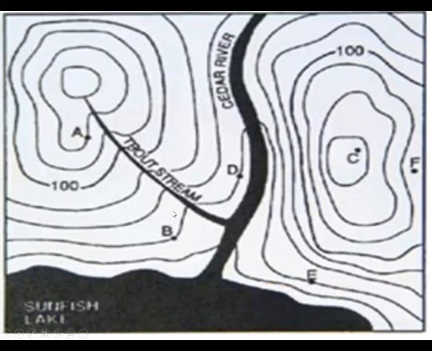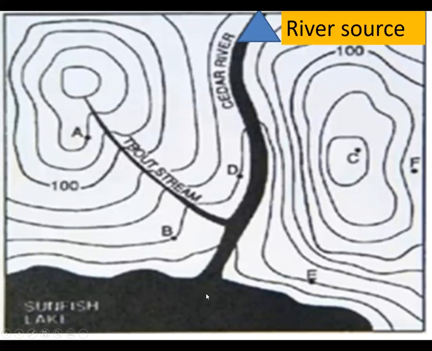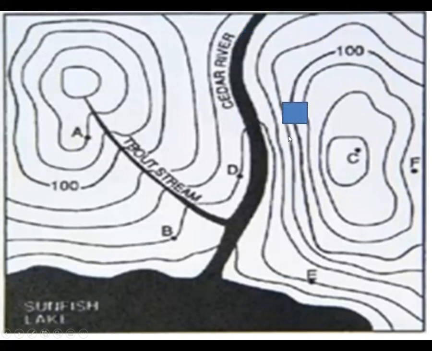Okay, let's continue. Now you'll see here that the contour lines are pointing towards that area here, which means that the river is coming from here. So this should be the headwater, and this should be the mouth of the river or the ending of the river. That's a river source, or we also call it the headwater. Here you'll see that the lines are very close to each other.